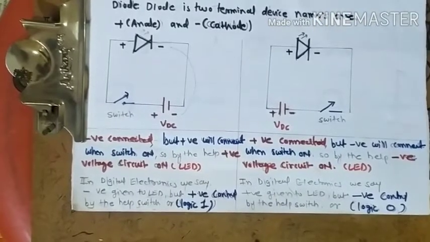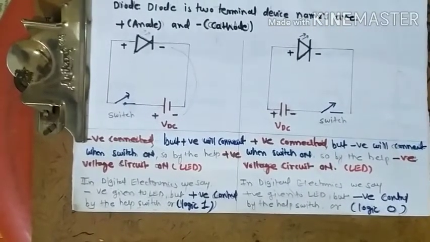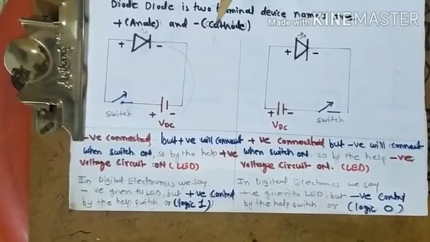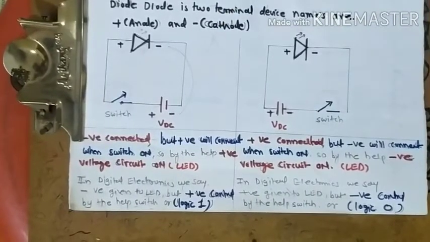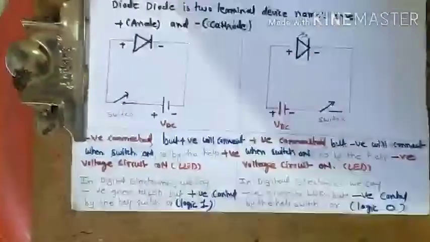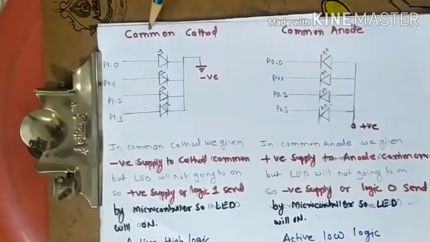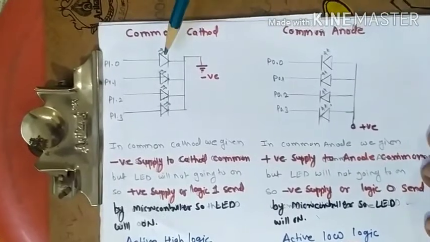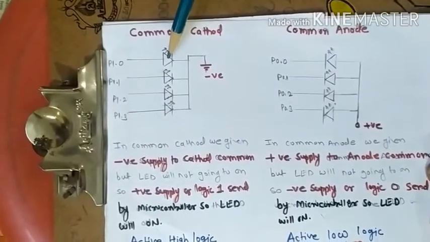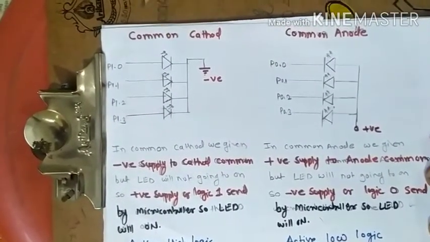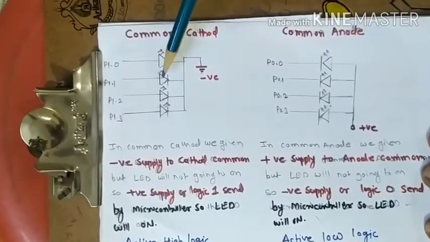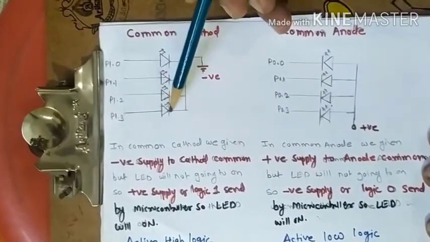I just want to introduce you to what is meant by common anode and common cathode. See here, this is the common cathode. It means we have 4 diodes, or light emitting diodes, LED 1, LED 2, LED 3, LED 4.